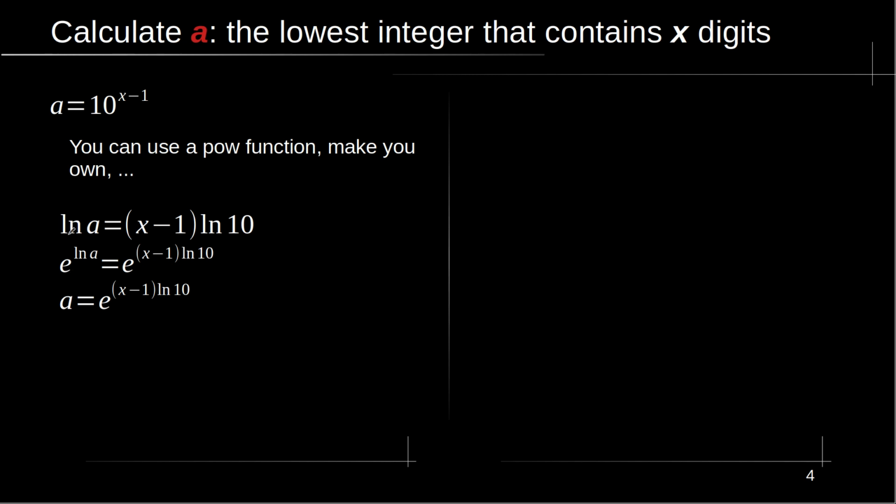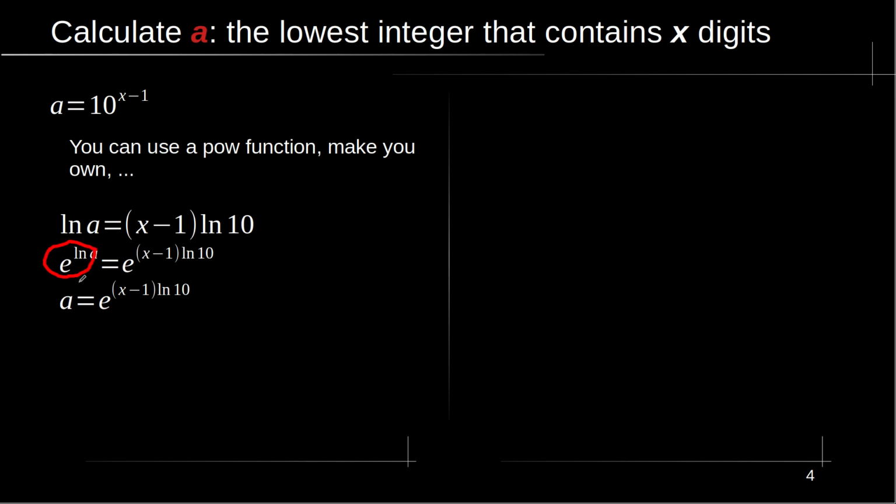So here, natural logarithm of a is equal to x minus 1 times natural logarithm of 10. The e number here, the exponential of natural logarithm of a is equal to the exponential of x minus 1 times natural logarithm of 10.